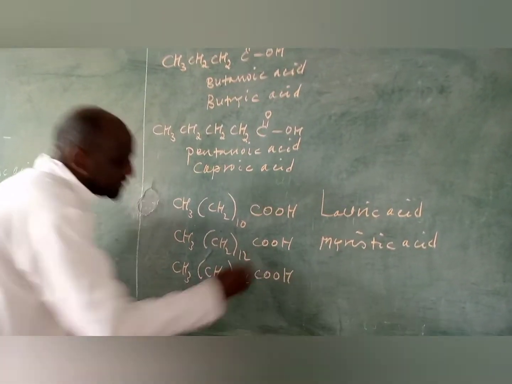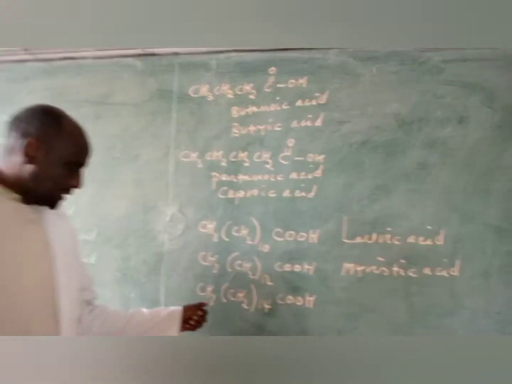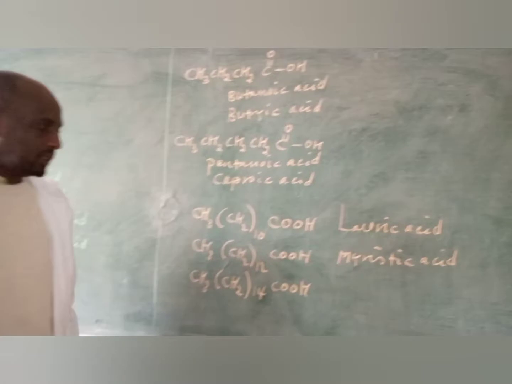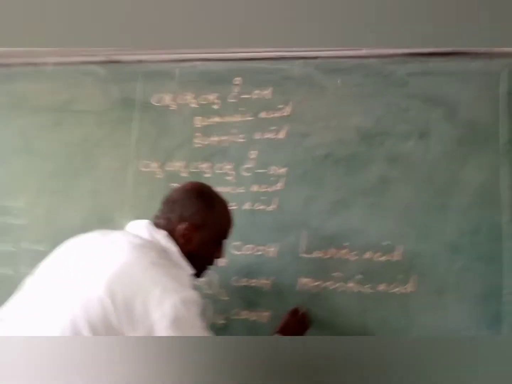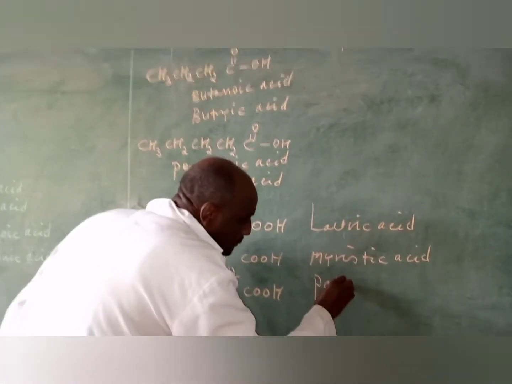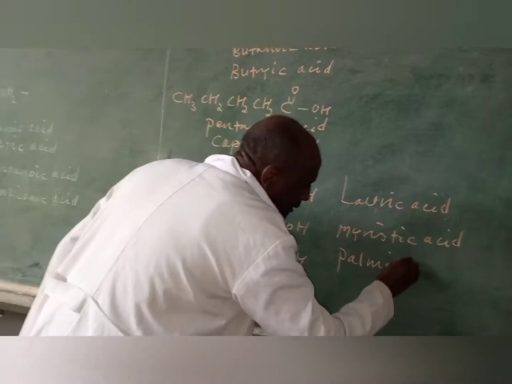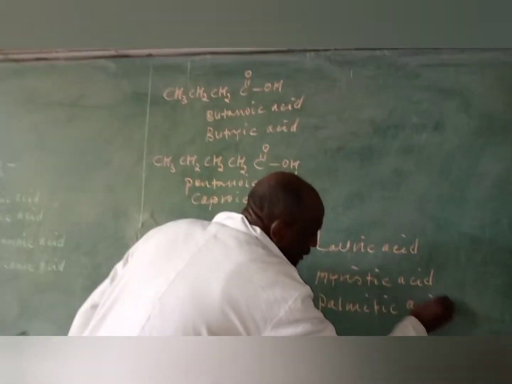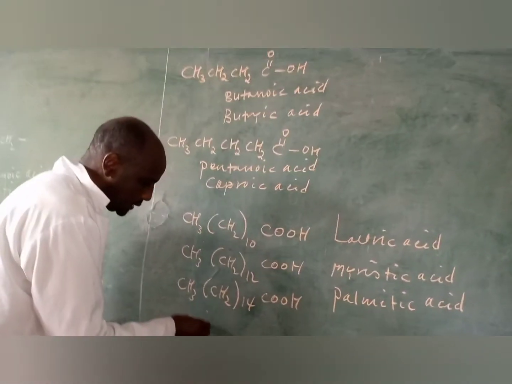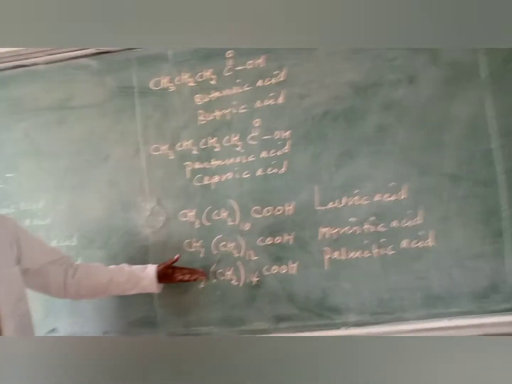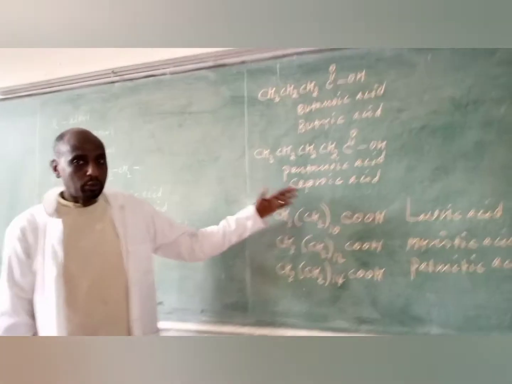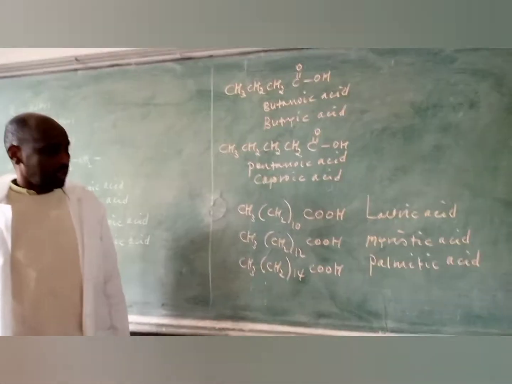This is the longest chain again, with 16 carbons, known as palmitic acid, and so on. Like this one, it is a monocarboxylic acid. They contain only 1 carboxylic group.